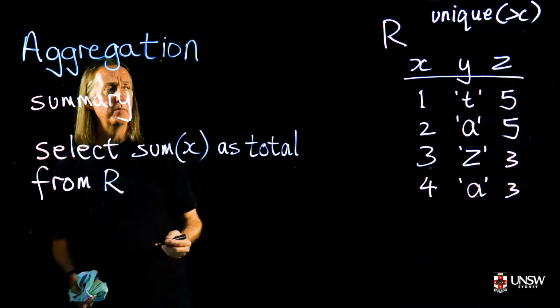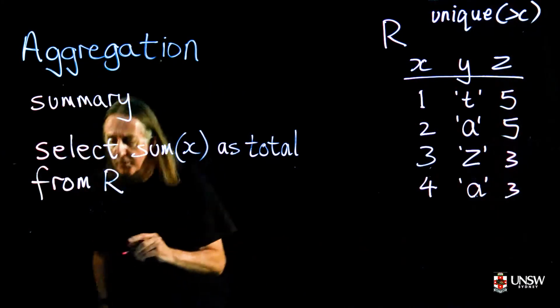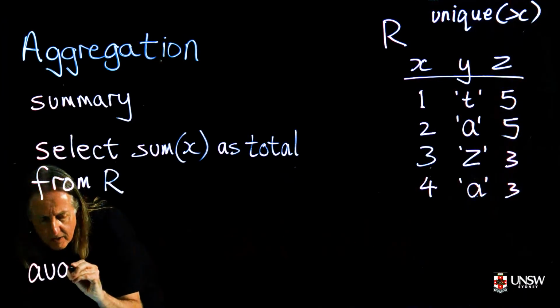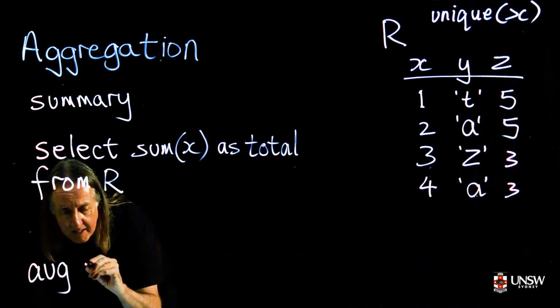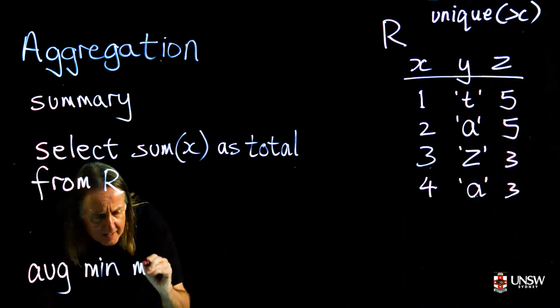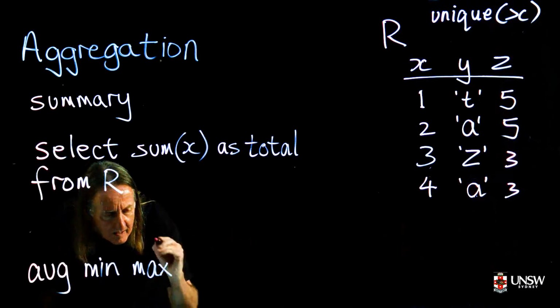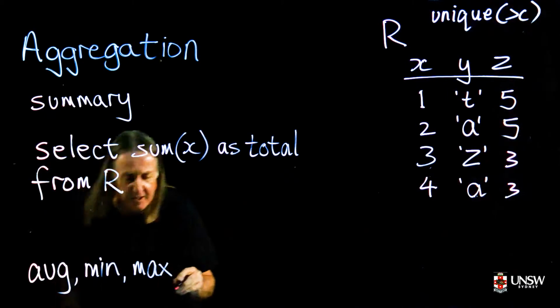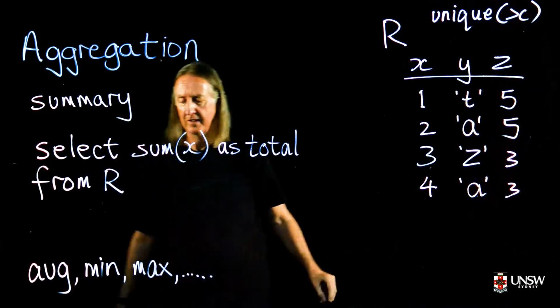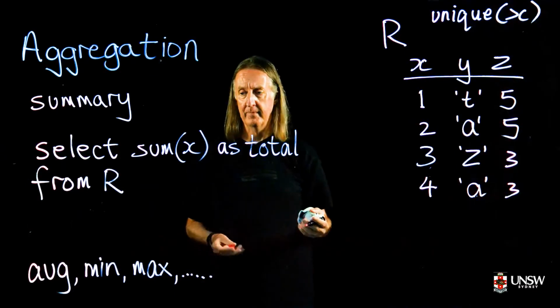We've seen sum and count, but you've also got average and min and max. And if you look in the Postgres manual, you'll find a whole bunch of others that are available.